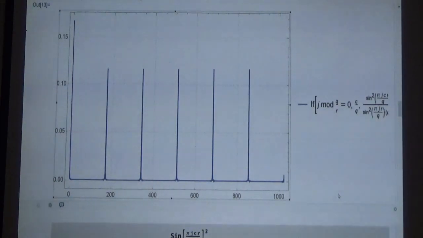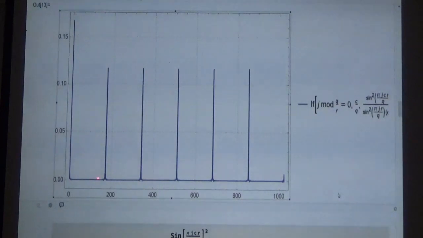It can collapse into one of those 1024 states with a certain probability. So this function shows us that probability for each possible value J prime. And you will observe that it has a peak only at certain values. The first peak is at 0.